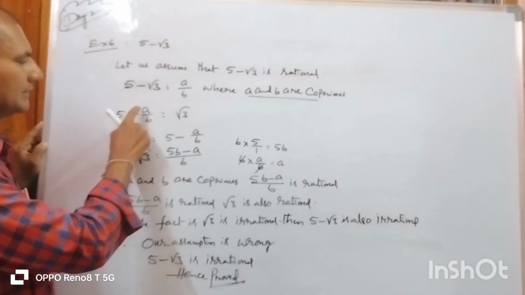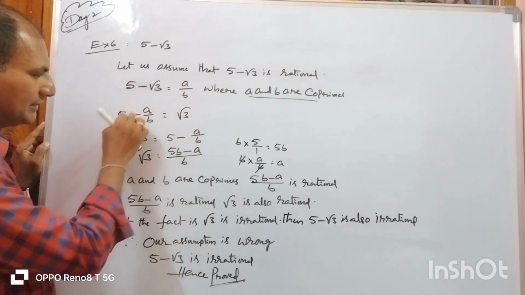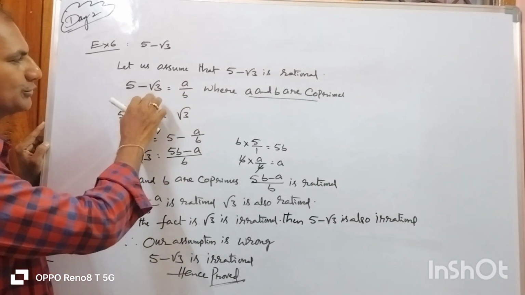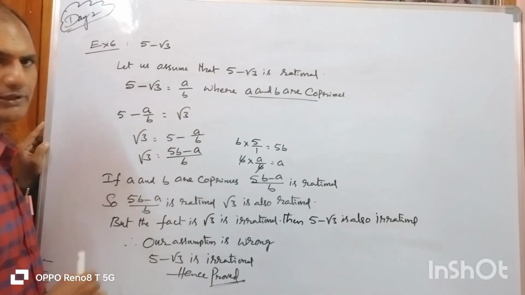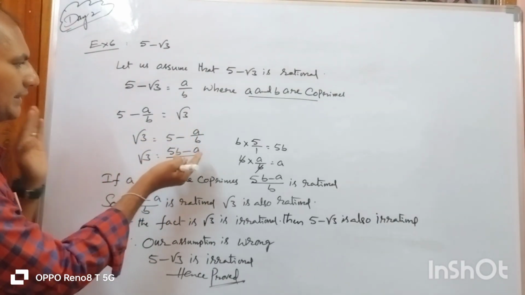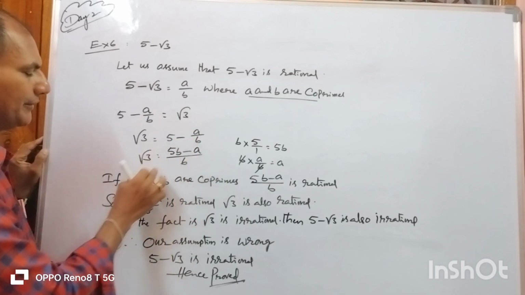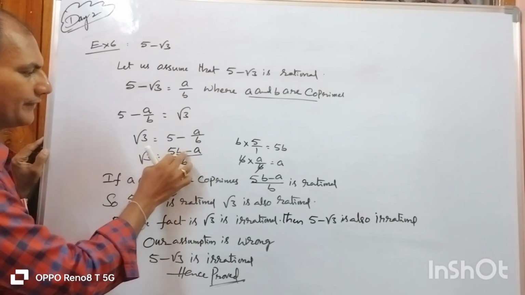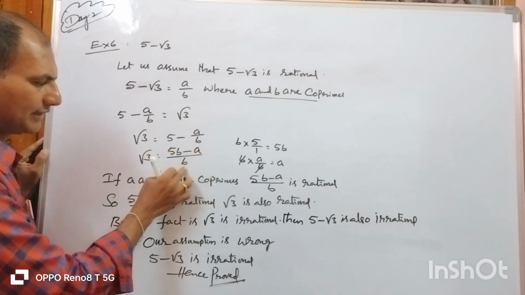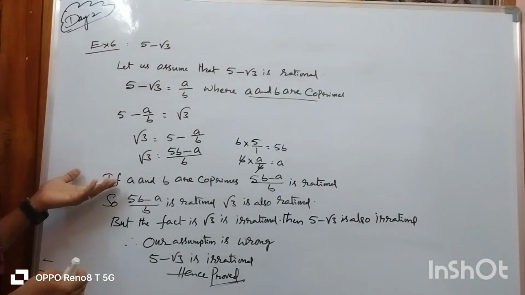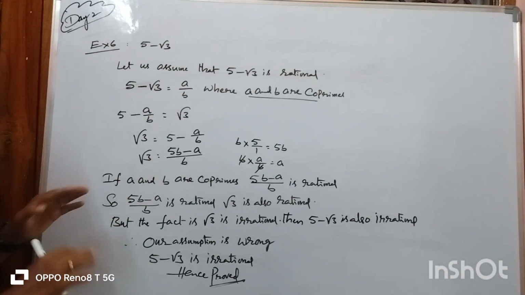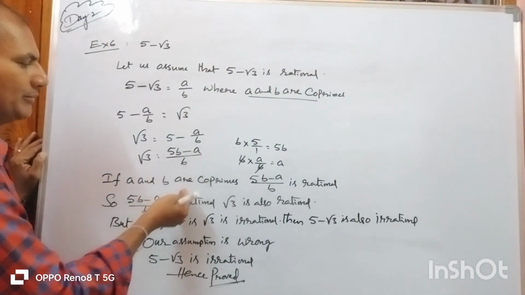Then minus a by b comes to this side, and minus root 3 goes to the right side as plus root 3, so I just interchanged them. So root 3 equals 5 minus a by b, which is 5b minus a by b. That's it. We cannot simplify that further.